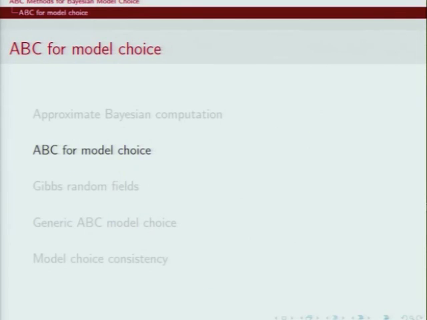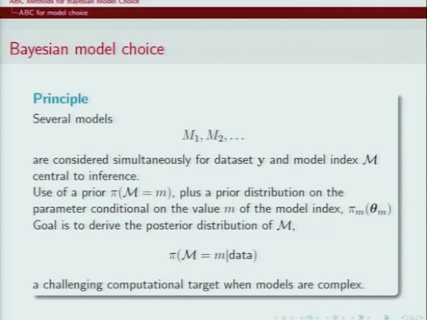All right. So there is a whole literature and a lot of directions about ABC. But to link with the topic of today, ABC is primarily used for conducting model choice. Doing model choice with ABC is straightforward because in a Bayesian approach, model choice is simply an estimation of yet another parameter, namely the index of the model.